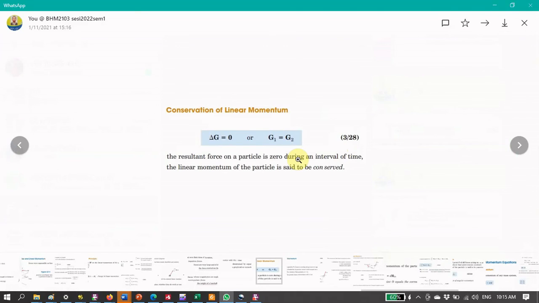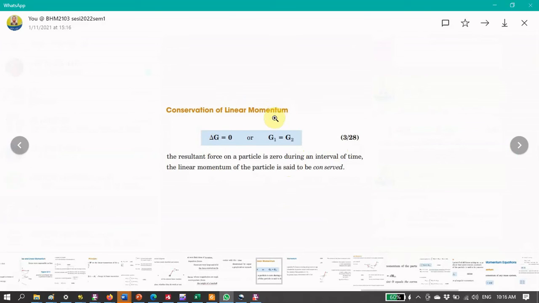Now we look at the conservation property, which we call the conservation of linear momentum. What does it mean?